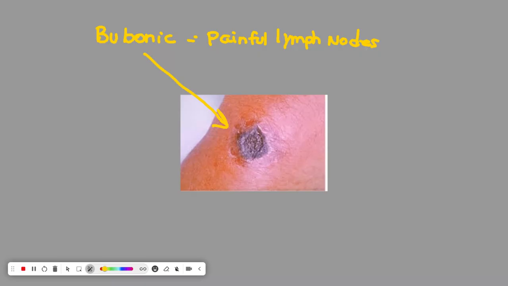And the other plague we said, which some people this would lead to, because it leads to sepsis when the bacteria grow. Put it up here. Septicemic plague, and just basically sepsis. It's basically blood poisoning.